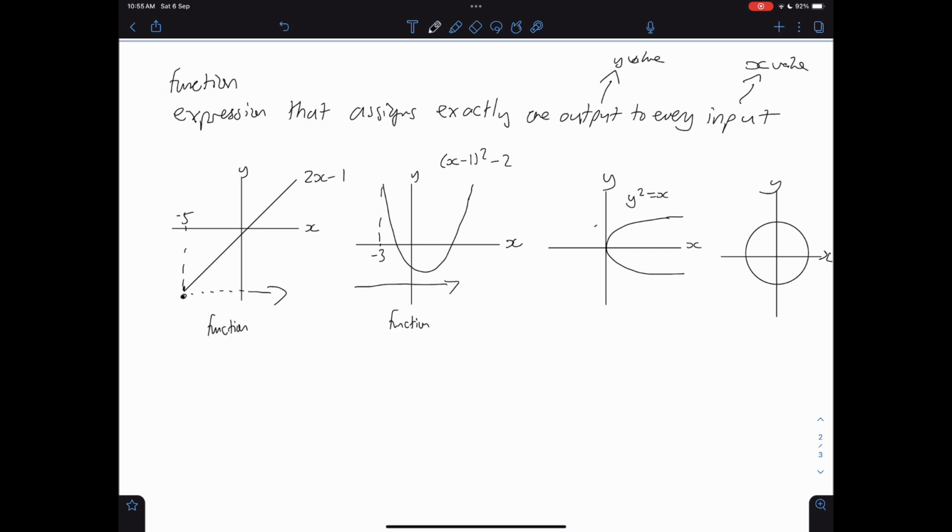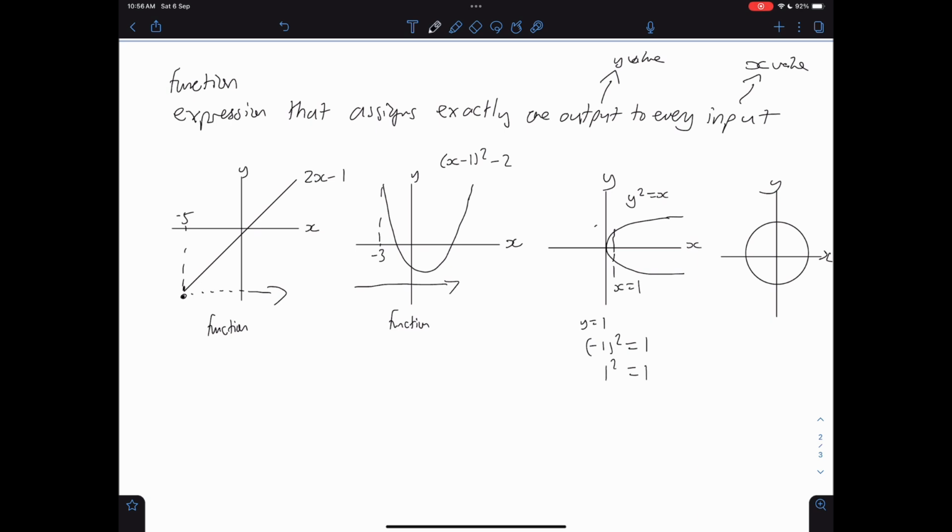Well, if we put in, say, 1, y could be 1, but it could also be minus 1, because minus 1 squared equals 1 and 1 squared equals 1.